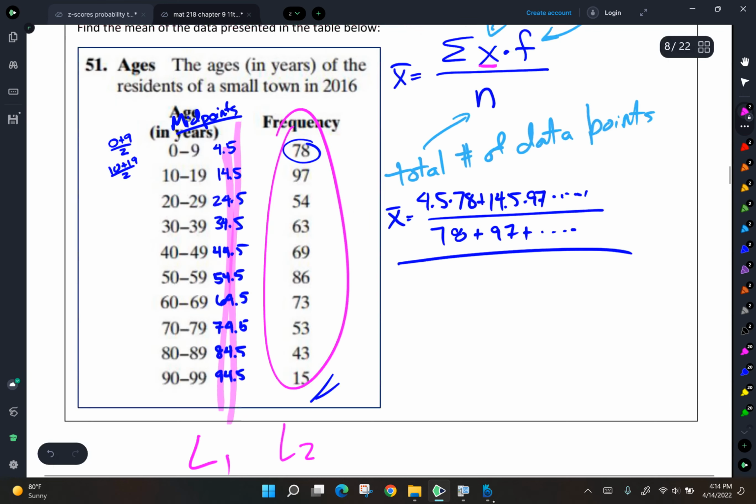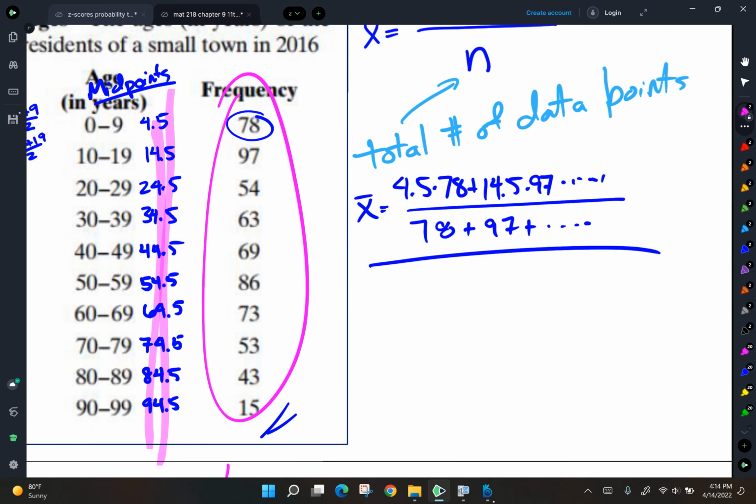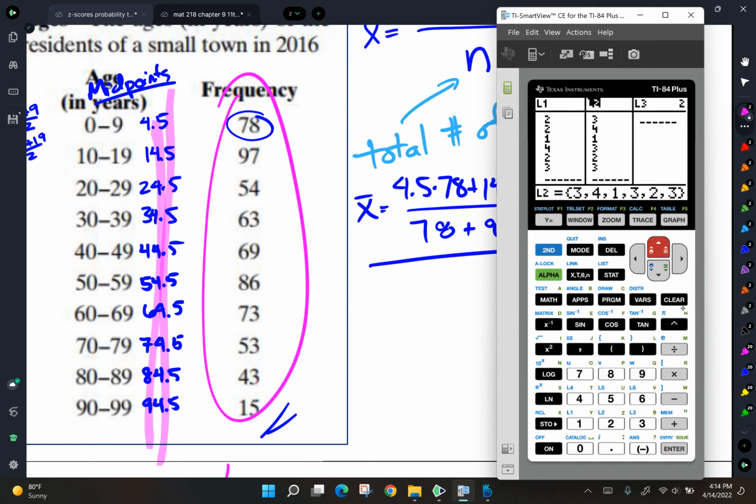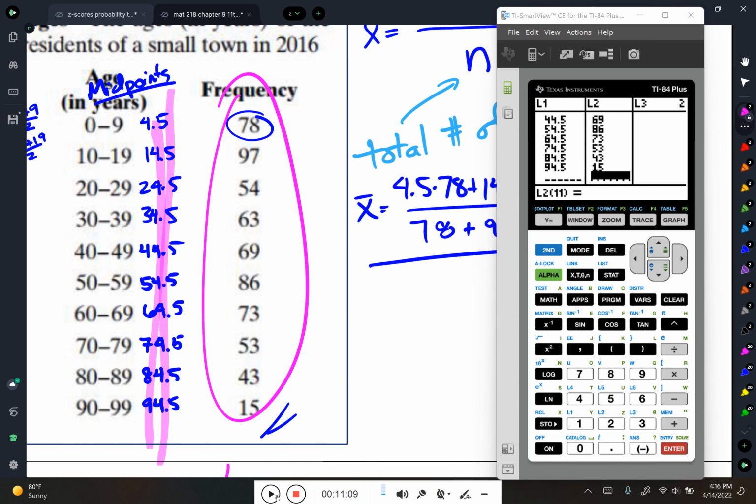So let's go ahead and put that data in. I'll grab my calculator, clear, stat, edit. I've got a bunch of junk in there, so I'm going to clear it out. And then this was 4.5, 14.5, 24. This is going to take a while, so I'm going to pause the video and come back with all that data put in.